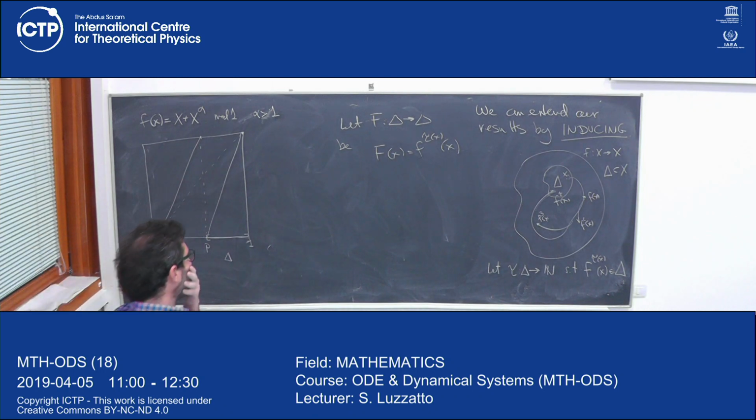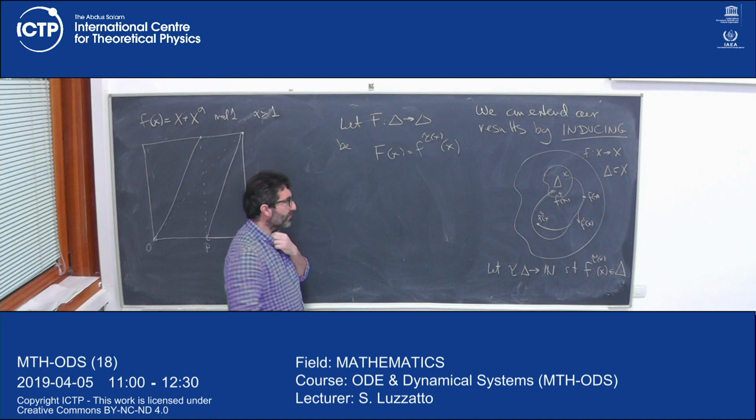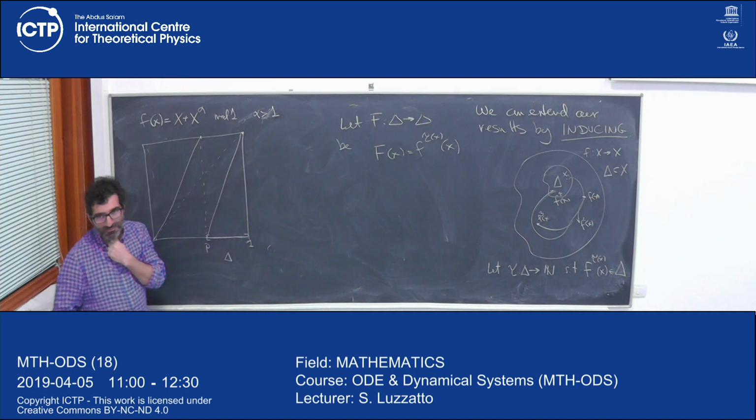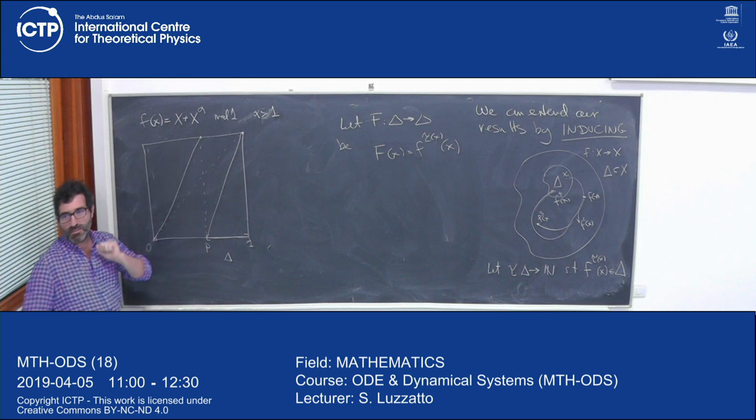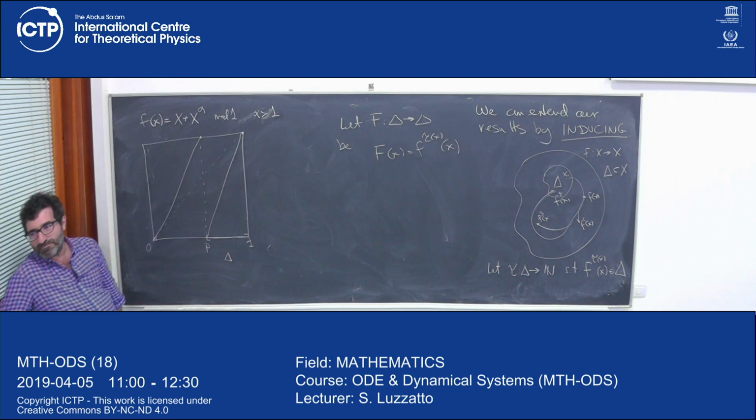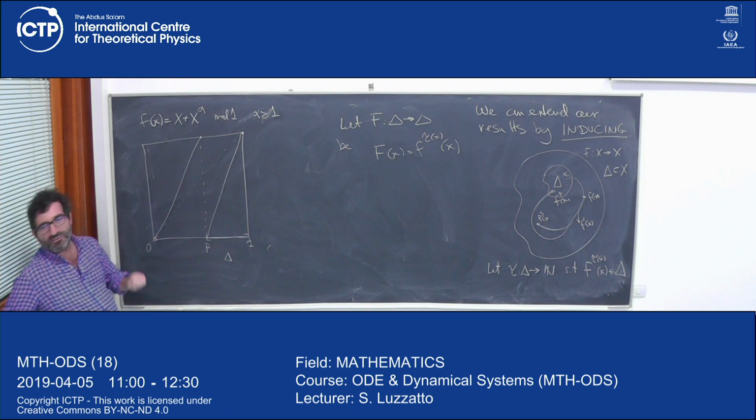Because we are hoping that this induced map is going to be better than our original map, right? We don't have much, so we're trying to study this map here, and unfortunately this map does not satisfy our conditions because it has a fixed point, which is 1.